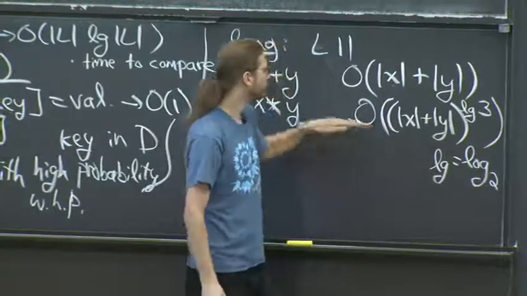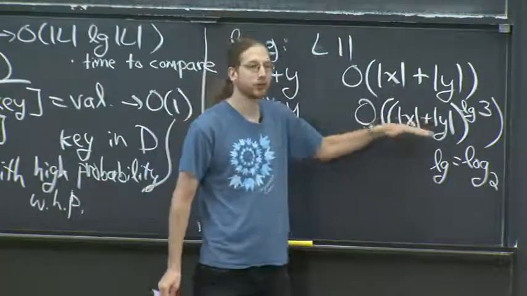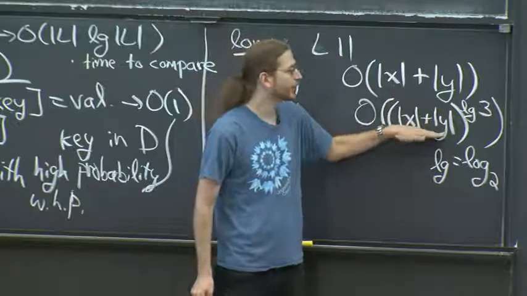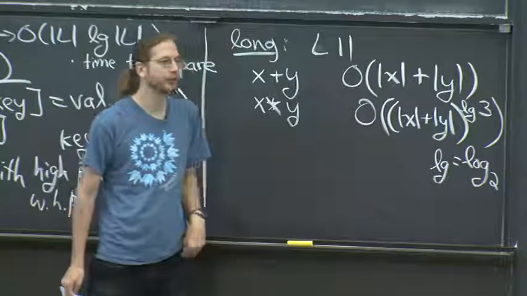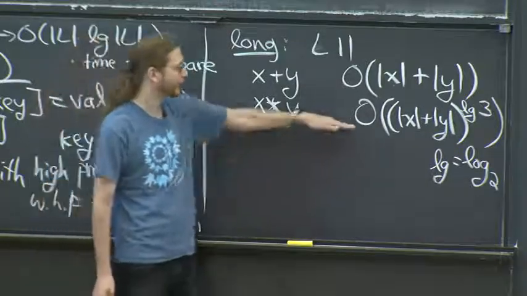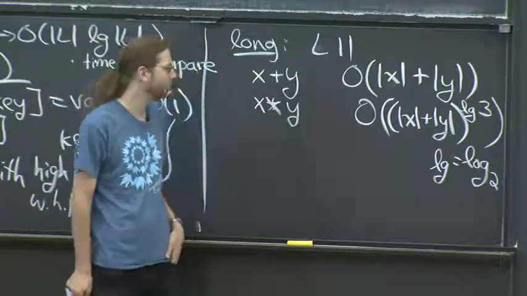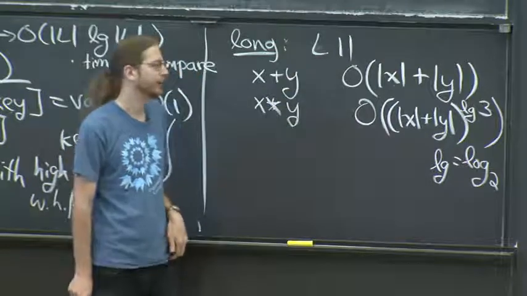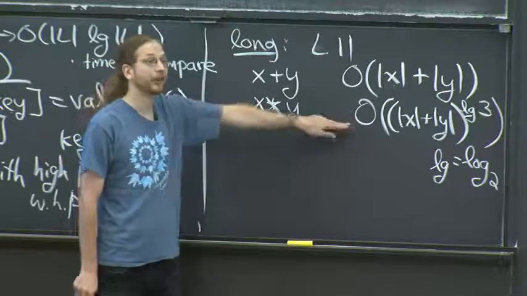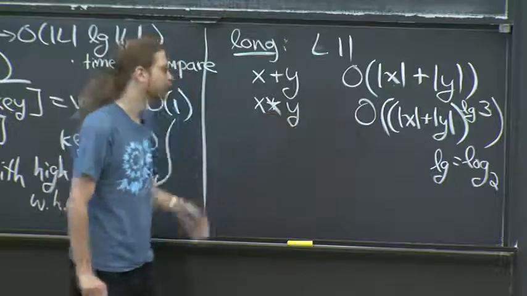So while the straightforward algorithm is basically x plus y squared, this one is x plus y to the 1.6 power, a little better than quadratic. And the Python developers found that that was faster than grade school multiplication. And so that's what they implemented. And that is something we will cover in lecture 11, how to do that. It's pretty cool. There are faster algorithms, but this is one that works quite practically.